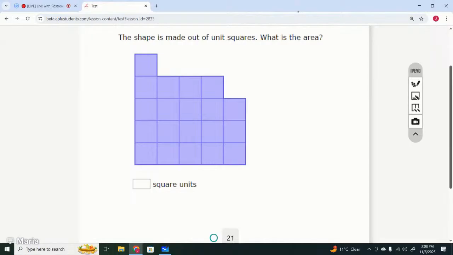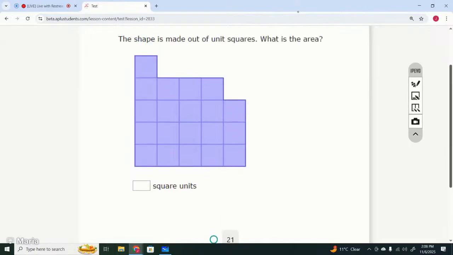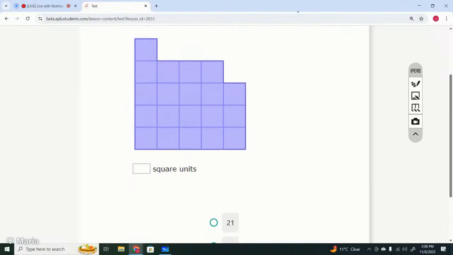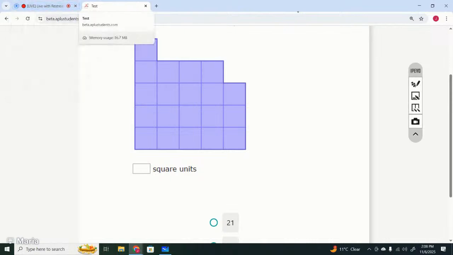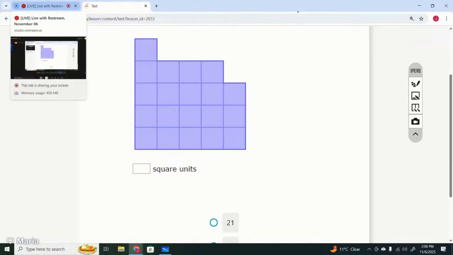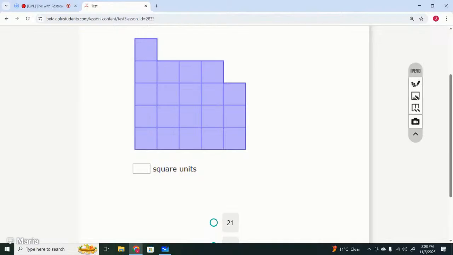The shape is made out of unit squares. What is the area, which is 20 it is.